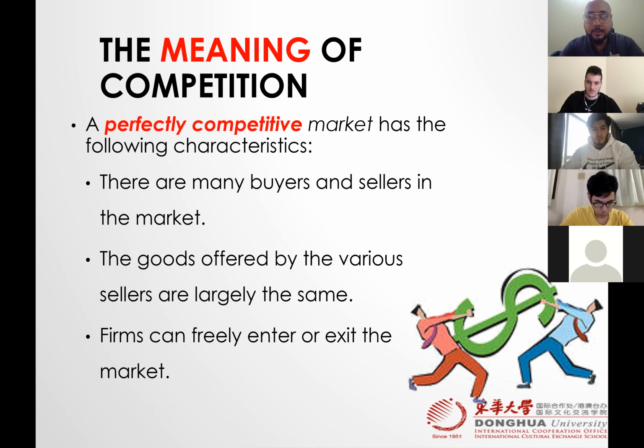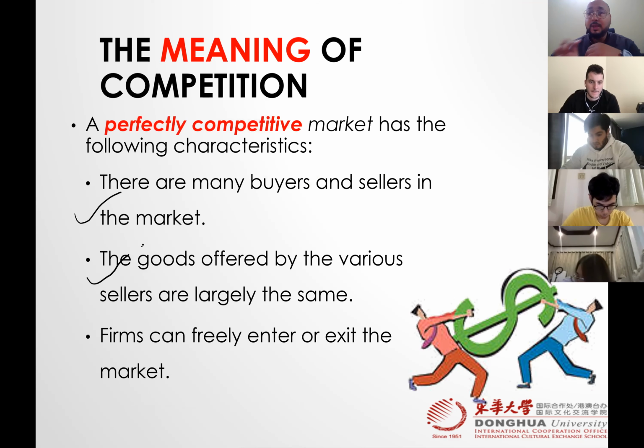The goods are largely the same, which means the same type of goods are being traded in that market, right? Which means without label, without packaging, without brand name. For example, the wheat market, all the wheat is the same. Rice market, all the rice is traded alike.